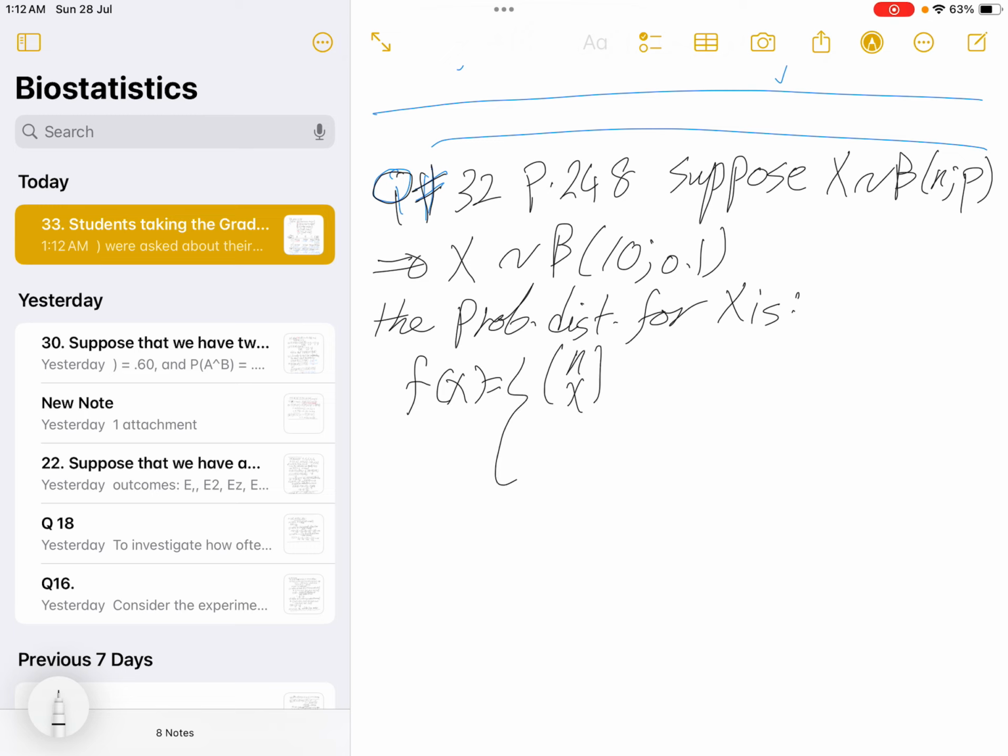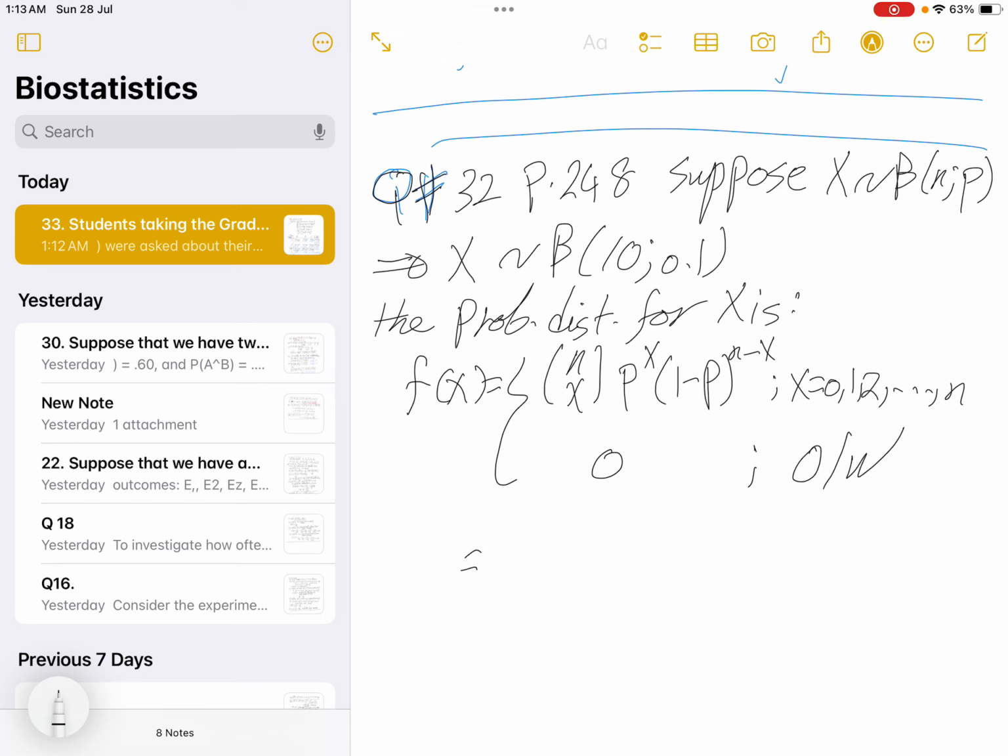You must always write the general formula, b to the power x, 1 minus b to the power n minus x, where x equals 0, 1, 2, up to n, 0 otherwise.